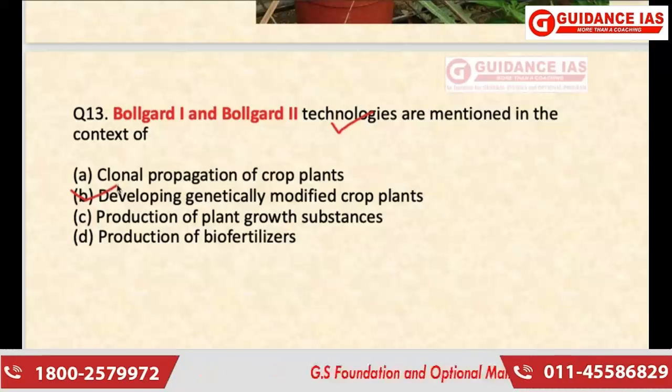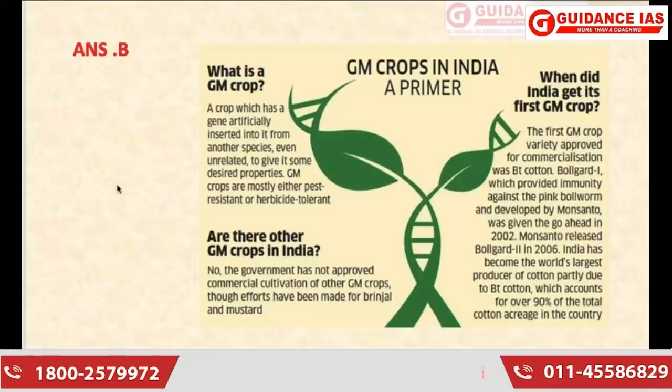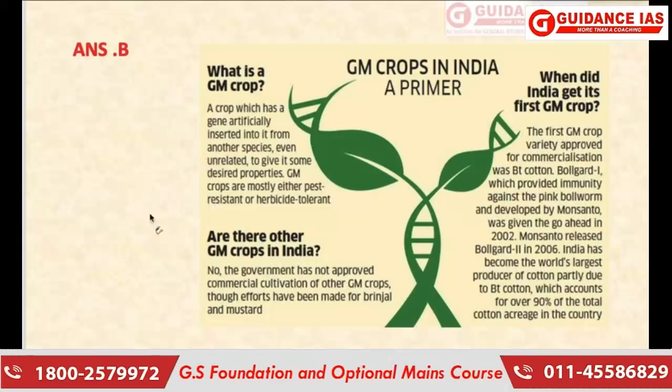But what is more important from our examination perspective is to understand about genetically modified crops. We will not be able to read the details of GM crops, because that's a very big topic. It's an important topic for some other day. But today, let me just touch upon the topic. So what are GM crops? So genetically, जिनके gene को हमने artificially insert कर दिया है.